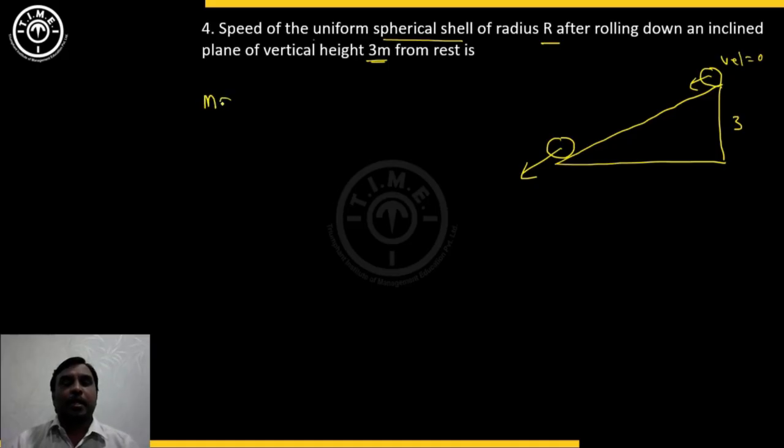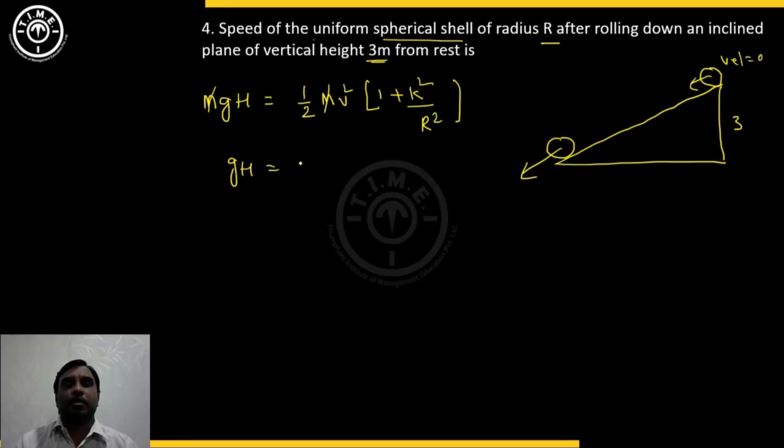Initial energy is mgh, where m is the mass of the spherical shell. And finally it will have kinetic energy. Rolling kinetic energy is half m v square into 1 plus k square by r square. Then m and m get cancelled. gh is equal to v square by 2 into 1 plus, since it's a spherical shell, k square by r square is 2 by 3.